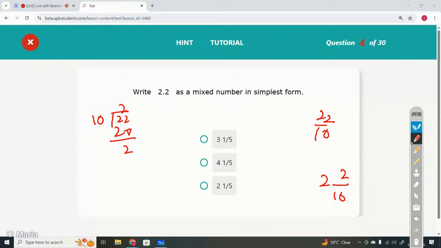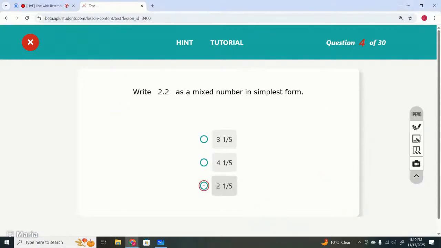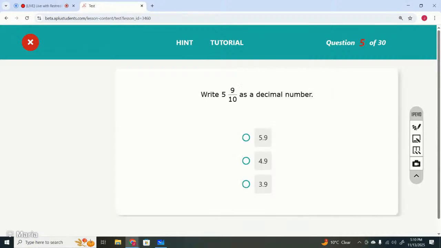We need to divide it by the greatest common number. That would be 2 whole 1 by 5. Option number 3 is the correct option.